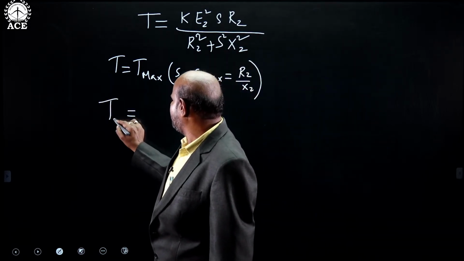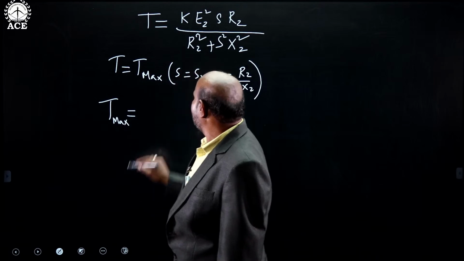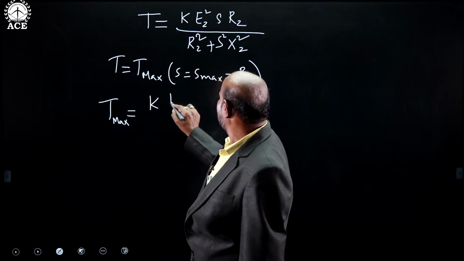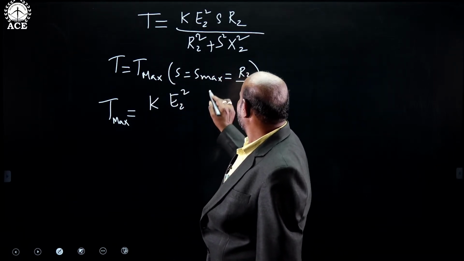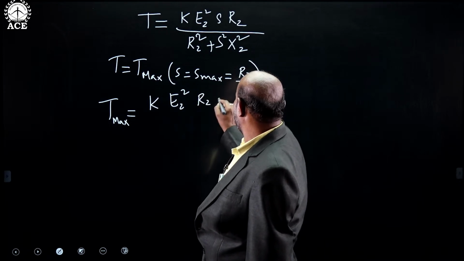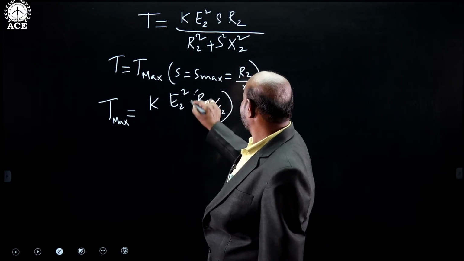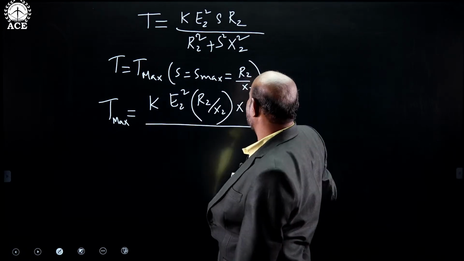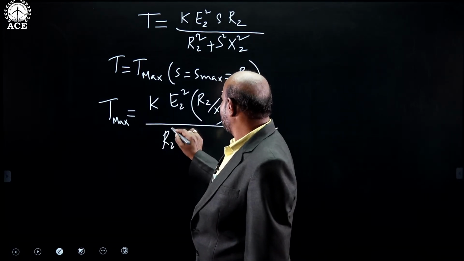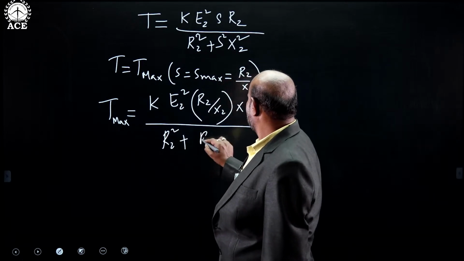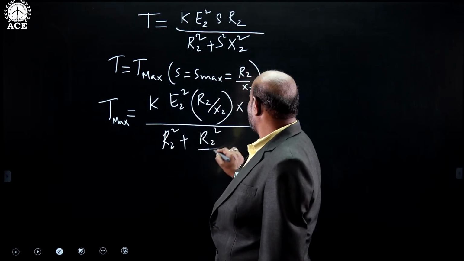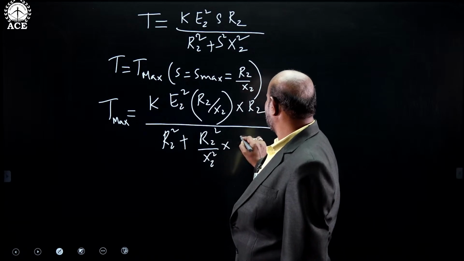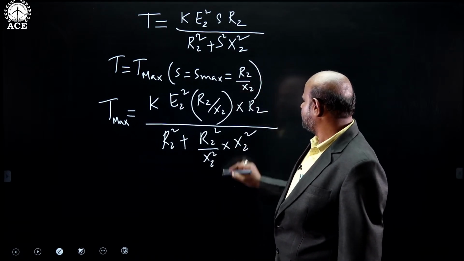Then we are going to get the maximum torque. T max is equal to K into E2 square, in place of S substitute R2 by X2, into R2 by (R2 square plus R2 square by X2 square into X2 square).